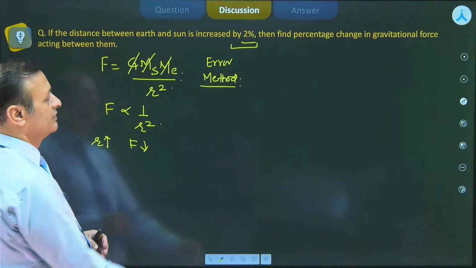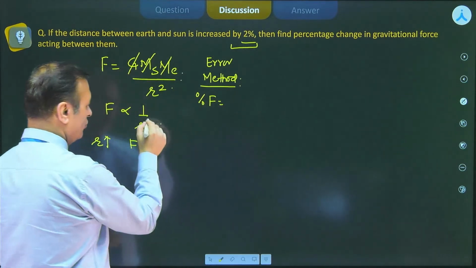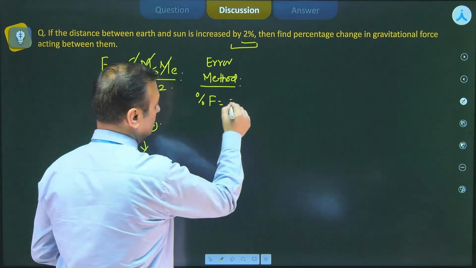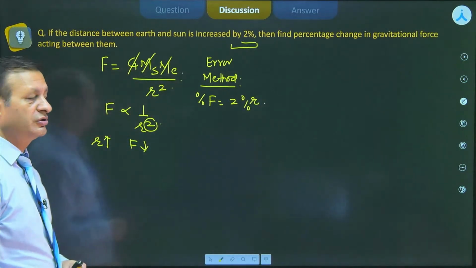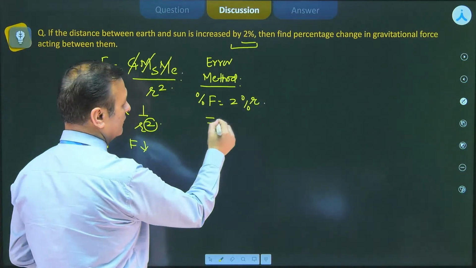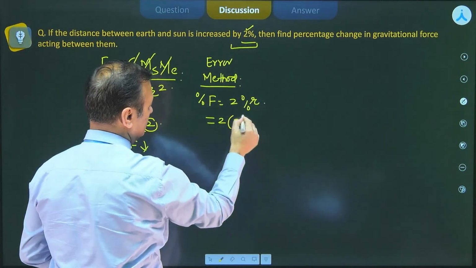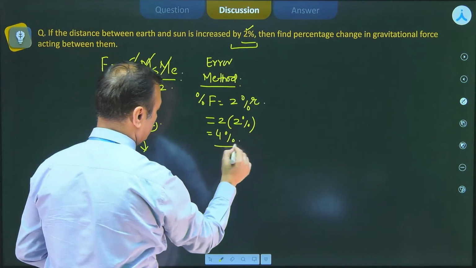So the percentage change in F would be, look at the power of this separation, this is 2, so 2 times the percentage change in R. The percentage change in R is 2%, so that makes 4%.